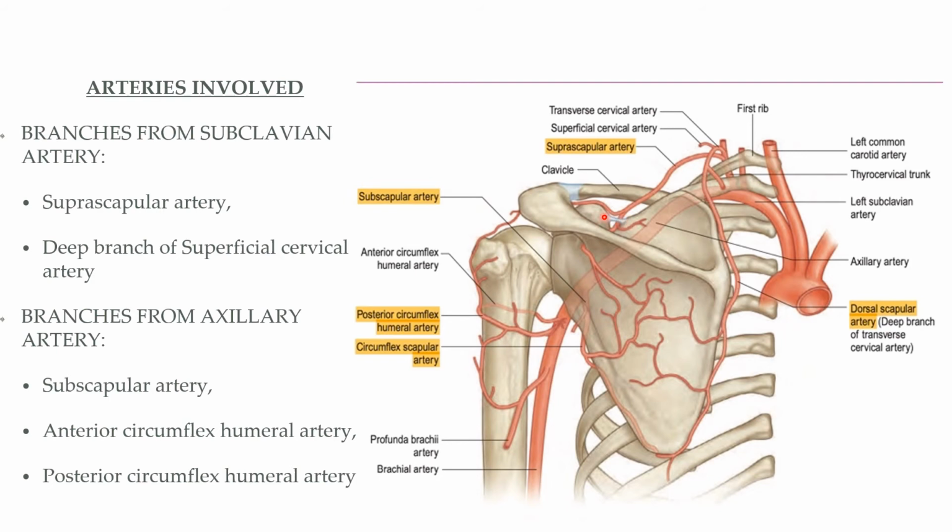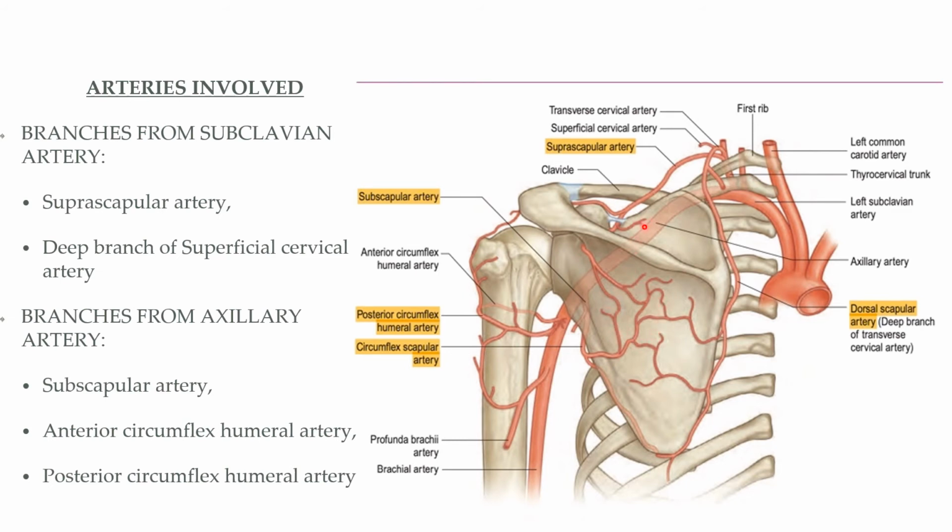blue color structure. So the suprascapular artery approaches the suprascapular notch and then passes superficial to the transverse scapular ligament, also called suprascapular ligament, and then it gives branches into the supraspinous fossa, and then it passes through the spinoglenoid notch in order to reach the infraspinous fossa.